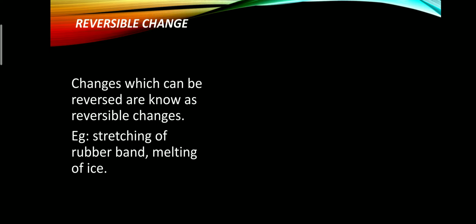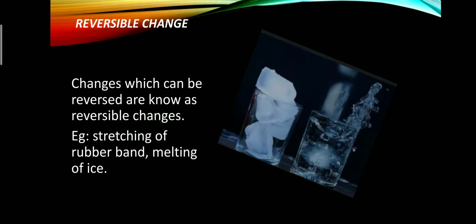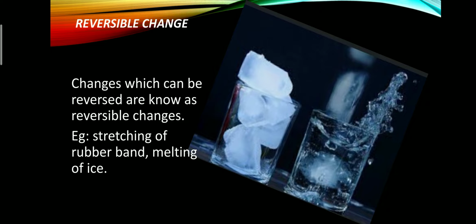So that is a reversible change. Then melting of ice. It converts from solid to liquid, and if you freeze it again it becomes a solid. So that is a reversible change.